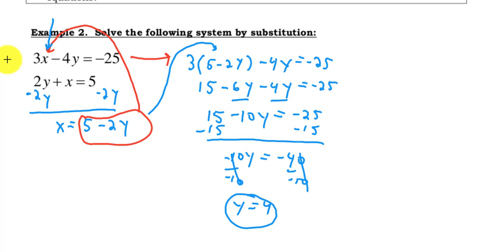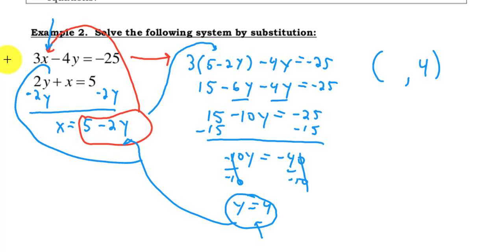So I know y equals 4, right? So my ordered pair is going to be something, comma, 4, because we know y is equal to 4. To find x, take your y equals 4 and sub it into y here. You could sub it in here or even here. I think this is the easiest equation to work with.